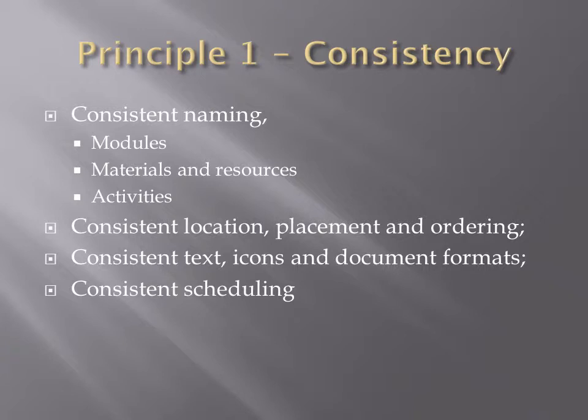When you look in the model classroom, you will see that consistent naming also applies to the content within the module. I actually have labeled things as Module 1 resources, Module 1 handouts, Module 1 quizzes, Module 1 assignments, etc. It's a tiny commitment of extra work and time building a classroom this way.